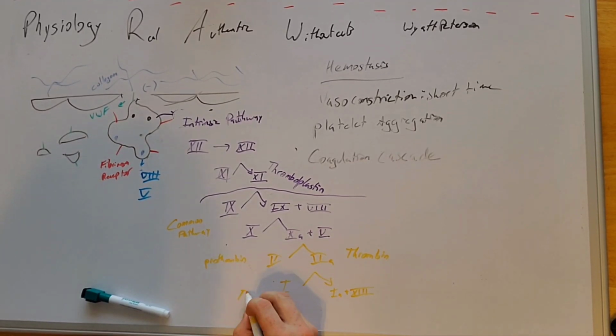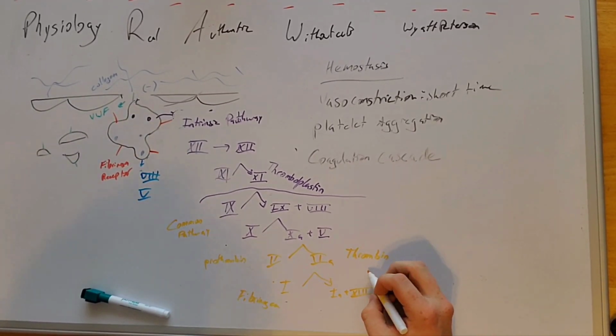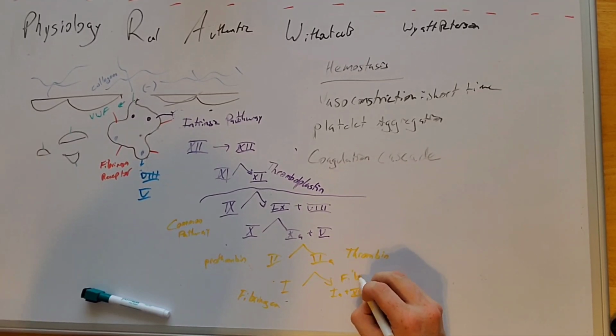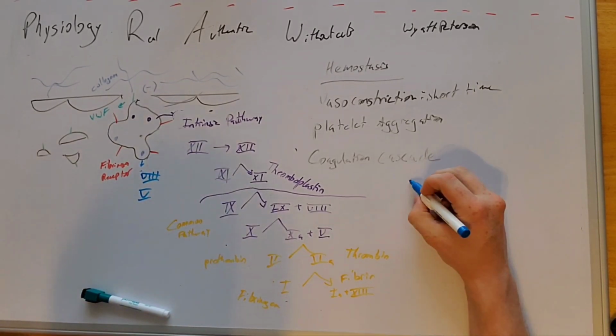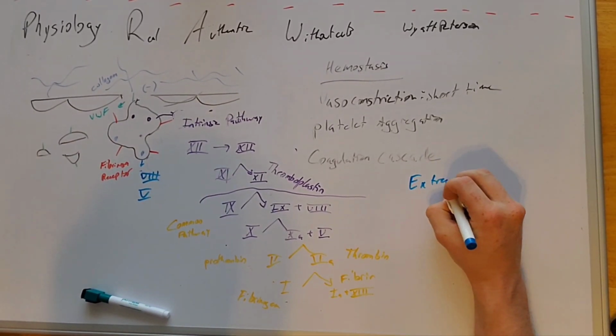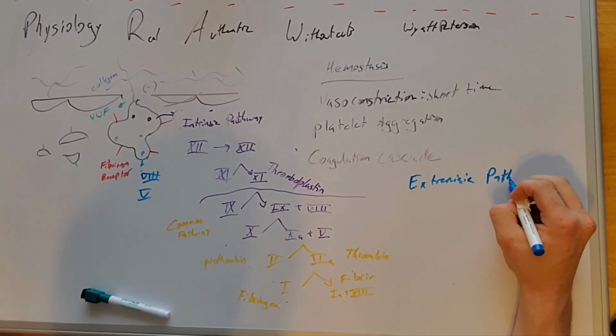Activated thrombin activates fibrinogen, and then that's fibrin right here. And for the sake of just keep moving, we'll do the extrinsic right here, and then I'll run through what they mean.